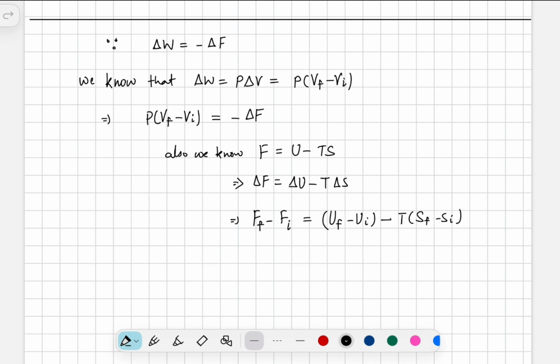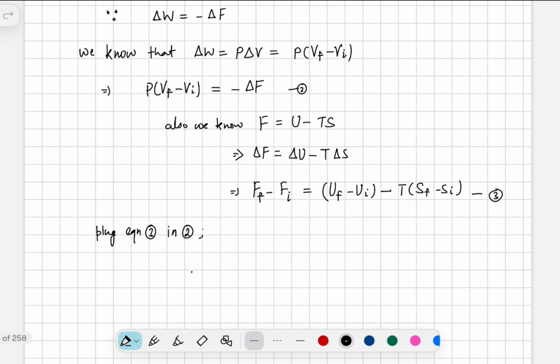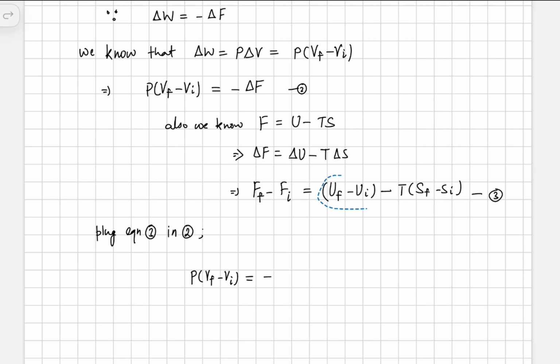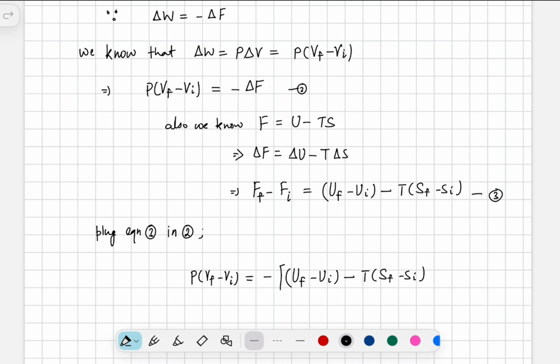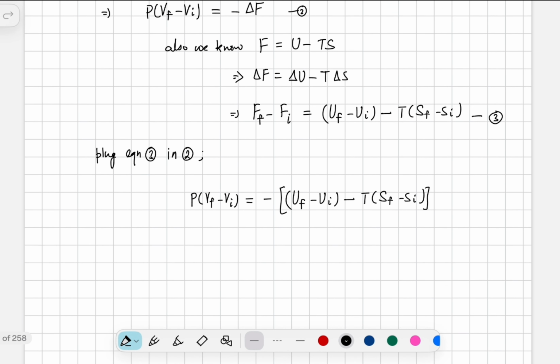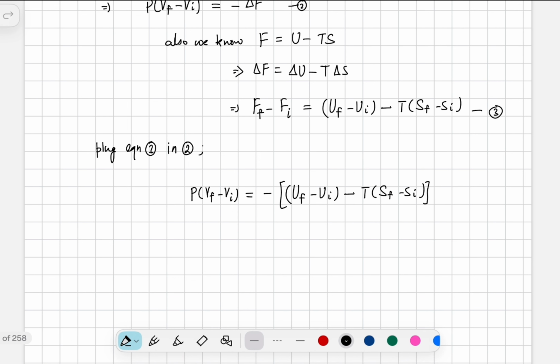So let's do it. Plug equation 3 into this, what do we get? P of Vf minus Vi equals minus of this whole thing. Now collect the final terms together and initial terms together.